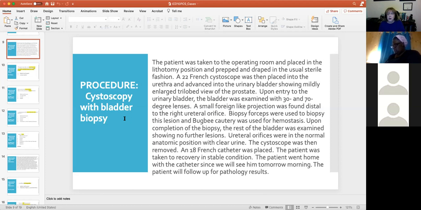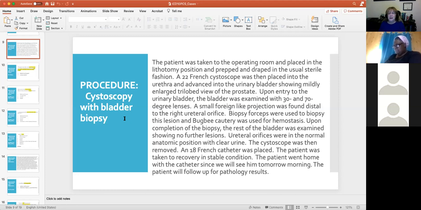A 22 French cystoscope was then placed into the urethra and advanced into the urinary bladder, showing mildly enlarged trilobed view of the prostate, which tells you what, Jennifer? The gender of this patient is a male. Yes.